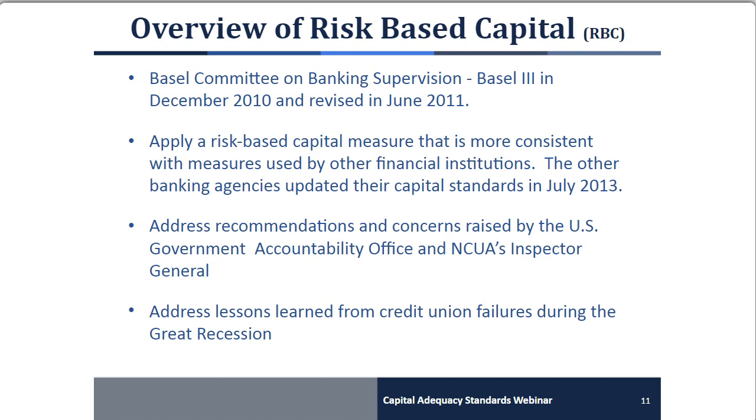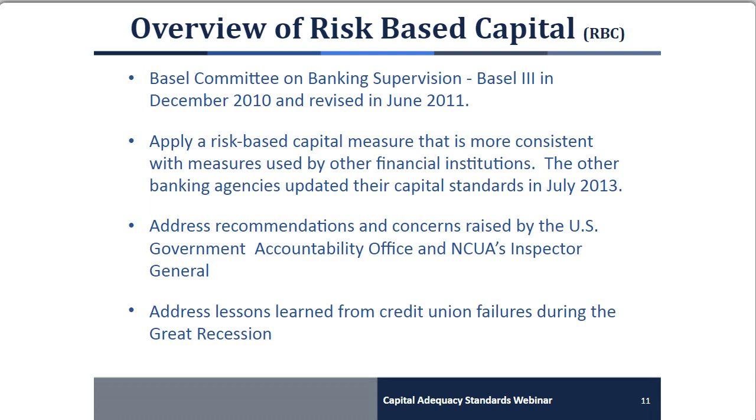The new risk-based capital standards will provide a risk-based capital measure that is more consistent with those used by other federally insured financial institutions. The updated risk-based capital standards are more consistent with NCUA's risk-based capital measure for corporate credit unions and, as the law requires, more comparable to the regulatory risk-based capital measures used by other banking agencies.